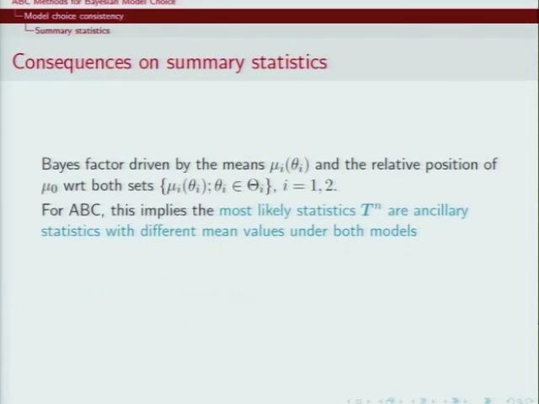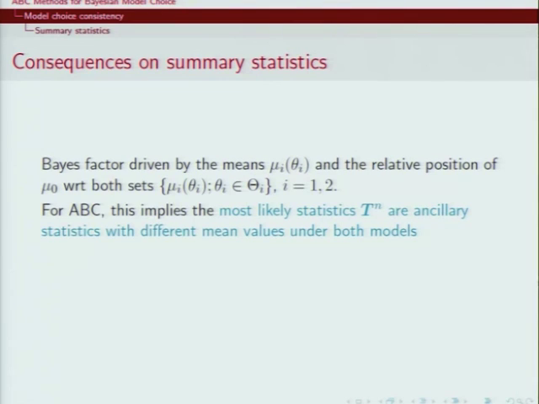So let me show you an example. The first remark is that, of course, if we can pick ancillary statistics that have different means under both models and that are not constant, we do get a way to identify the model. Now, this is not always possible. Of course, there are more ancillary statistics than there are sufficient statistics, so we don't need to remain within exponential families.